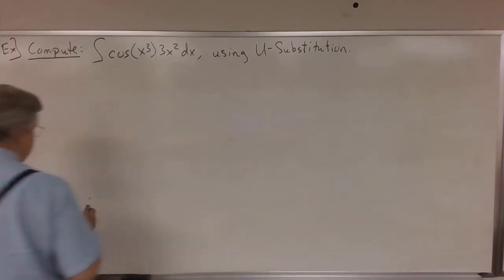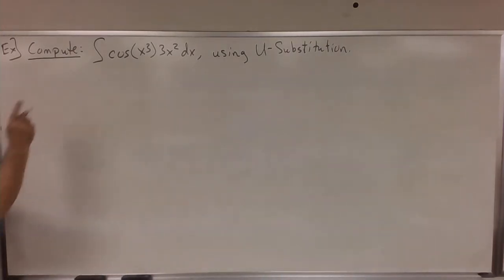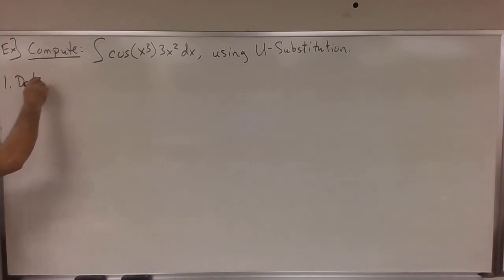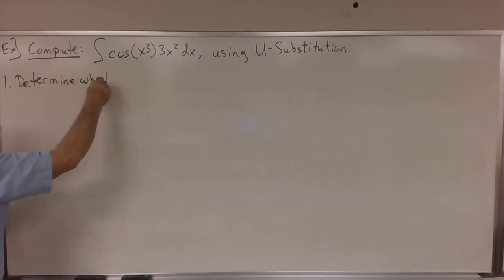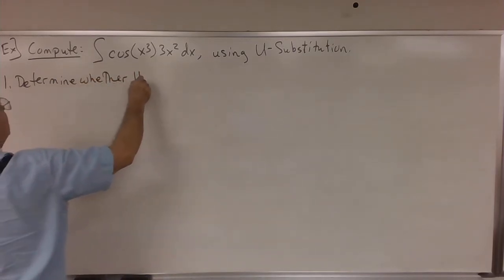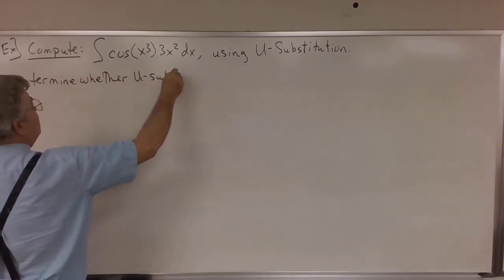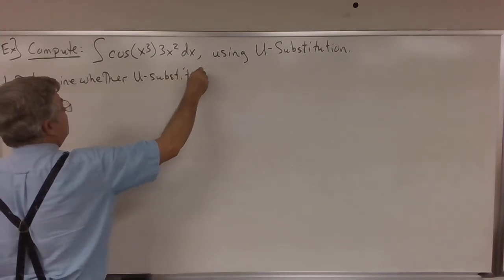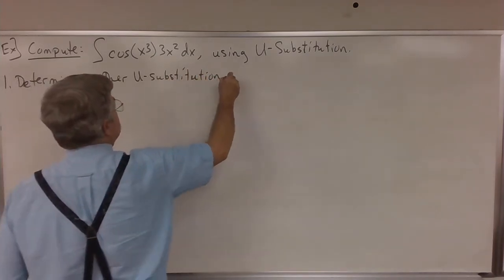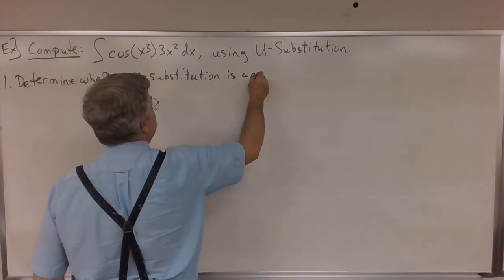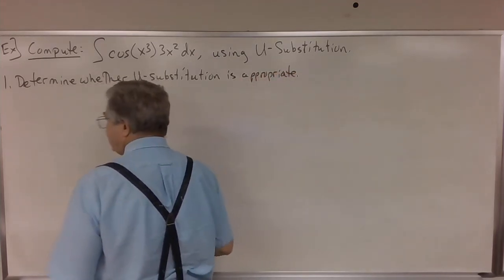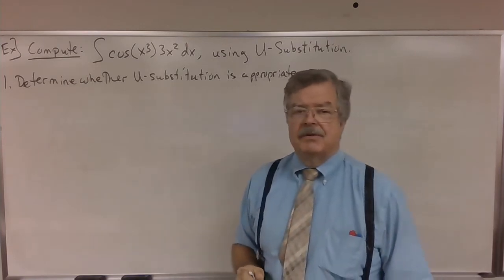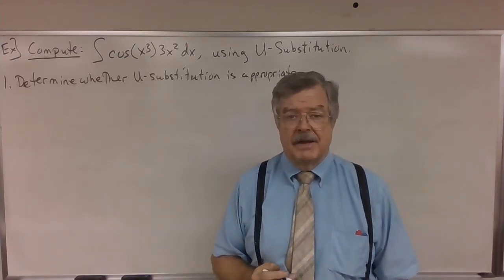The first thing that we do in general is just determine whether U-substitution is appropriate. We wouldn't want to use the product rule on a quotient, right?